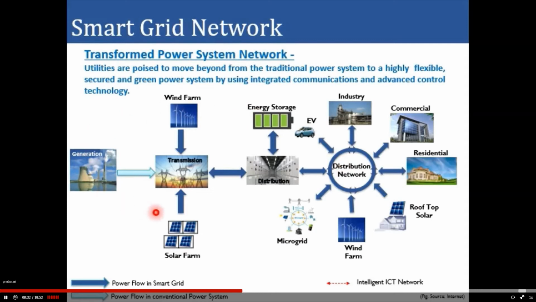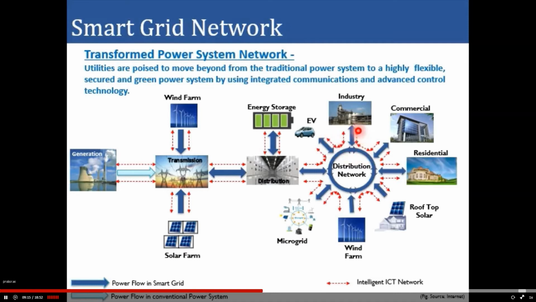So to have effective monitoring and control of the distribution system as well as the transmission system and the generating resources, we need an intelligent ICT network, that is, information and communication network. So in this case, what will happen? Every entity which is integrated into the electrical power system has to be communicable. Means they can exchange power as well as exchange information.